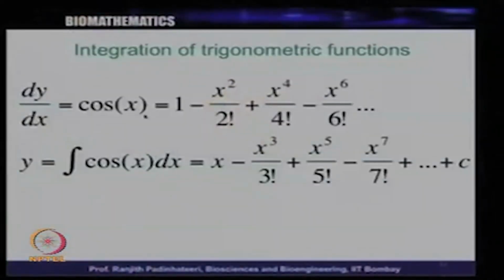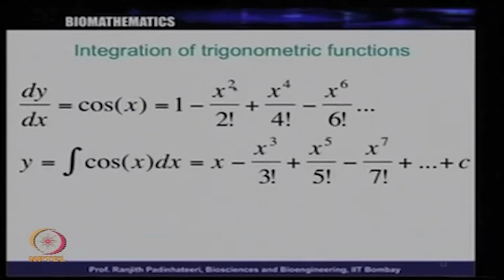So, next we will calculate the integral of some trigonometric functions like sine and cos. Let us take this case here: dy by dx is cos x. Cos is a trigonometric function which we know is 1 minus x square by 2 factorial. As you know, this exclamation mark represents factorial. n factorial means 1 into 2 into 3 into up to n.